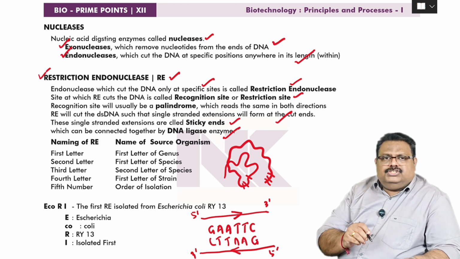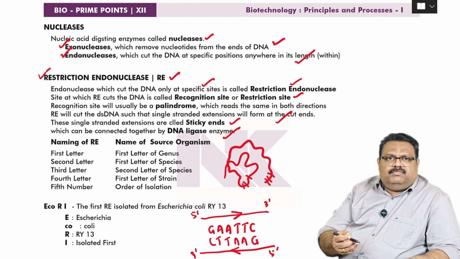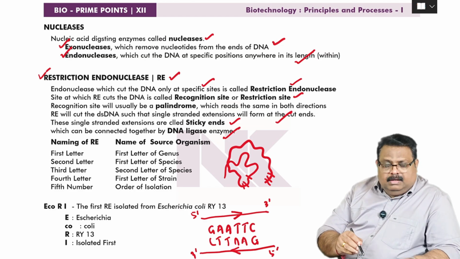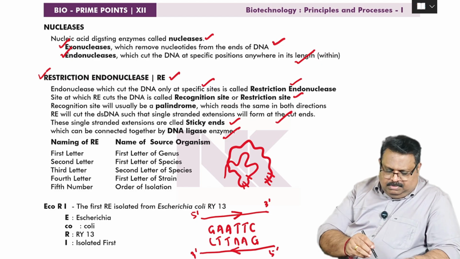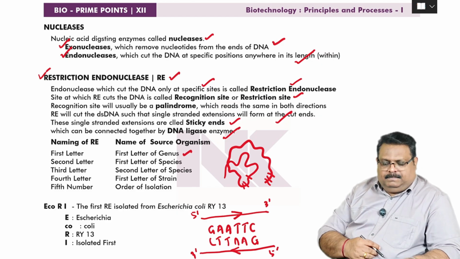Then how are the restriction endonucleases named? You know that restriction endonucleases are obtained from prokaryotes, that means bacteria. Based on the name of the source organism, RE are named. So here, 5 components are there. The first letter is the first letter of genus of the bacterium.